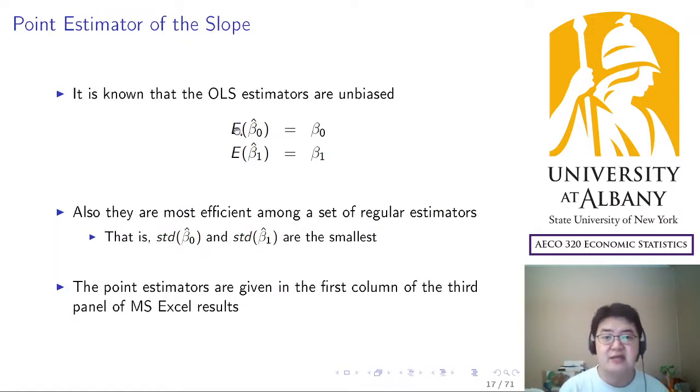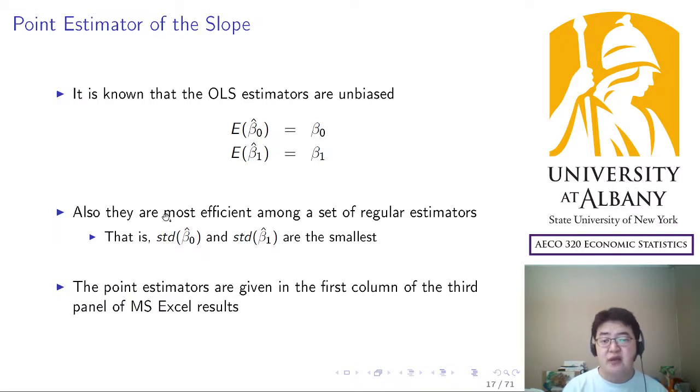It is a very nice estimator. So it has many desirable properties. First, they are unbiased. So beta 0 hat and beta 1 hat are unbiased in the sense that their expected values equal their true value, right? And we know their standard error.